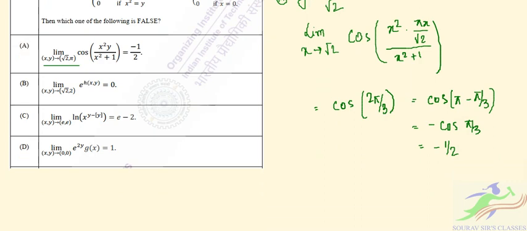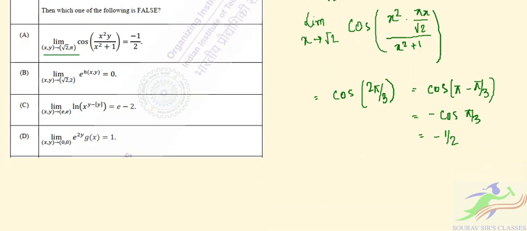Now check with option B. Okay, so we have (x, y) tending to (root 2, 2). So we can put it this way, x equal to y square. Actually, it is exactly the opposite, so we can write it as x square equal to y, right?